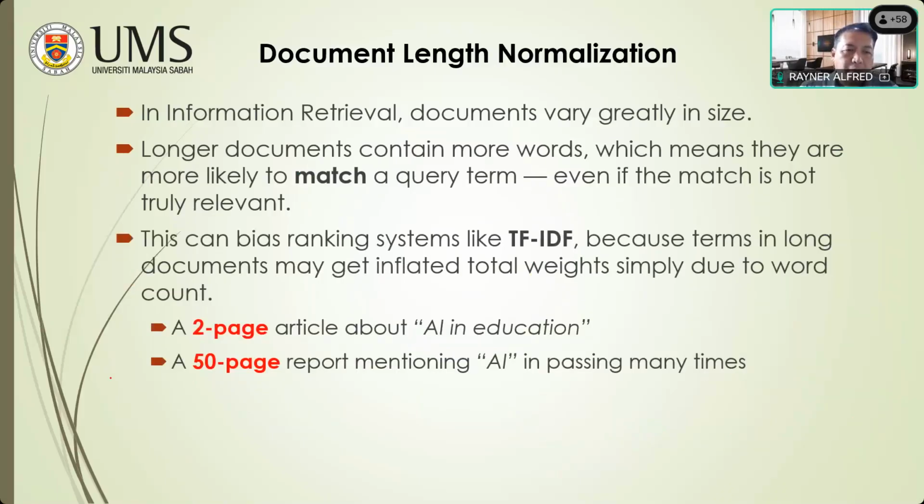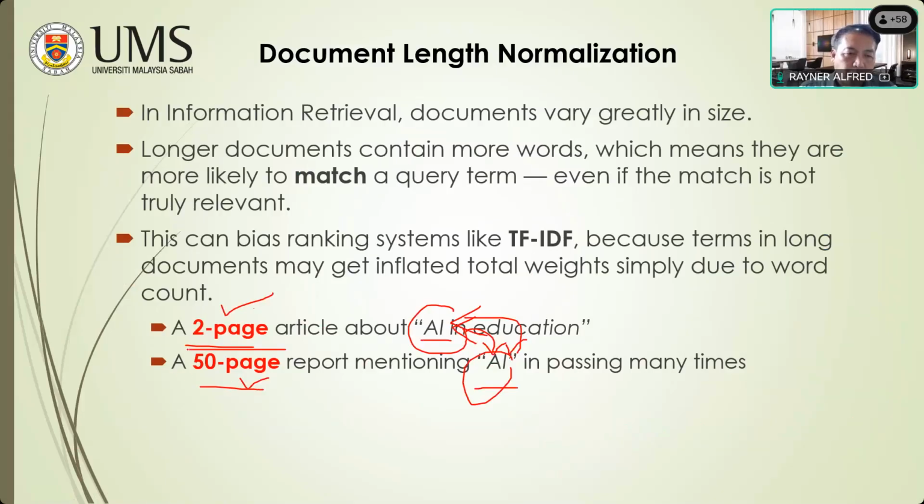So for example, this one is 2 pages, and this one is 50 pages. But when we talk about AI in both, we cannot compare directly the number of times it exists, because this is only 2 pages and this is 50 pages. Before we can compare them directly, we need to normalize.